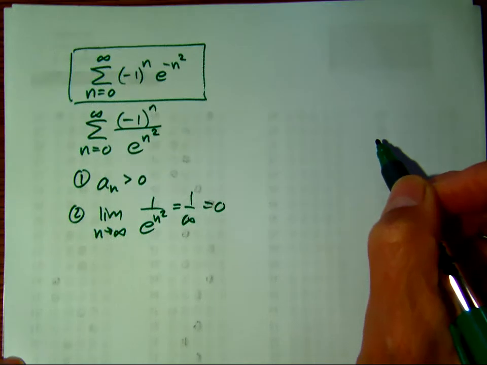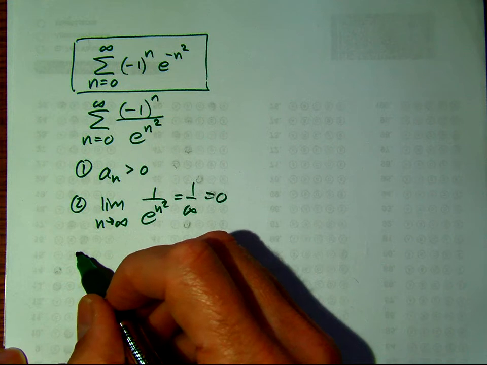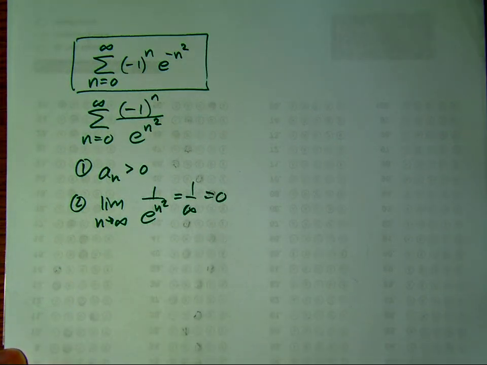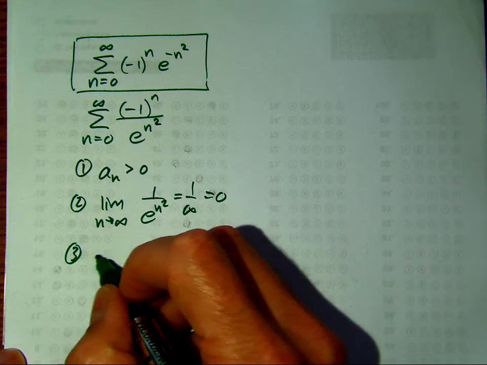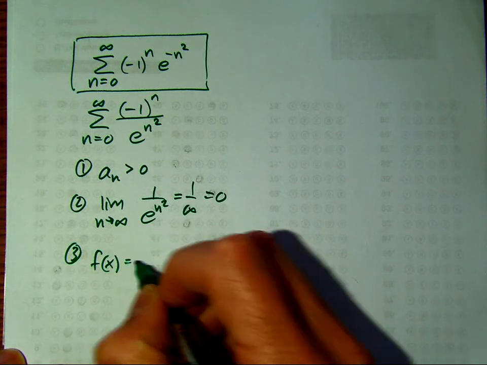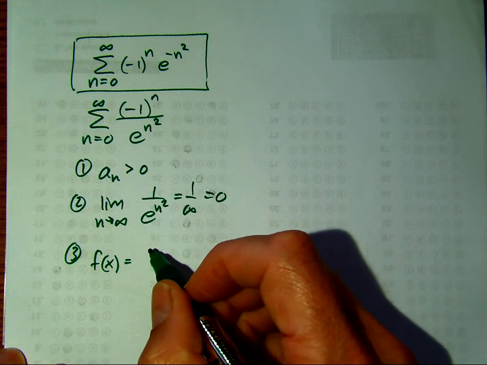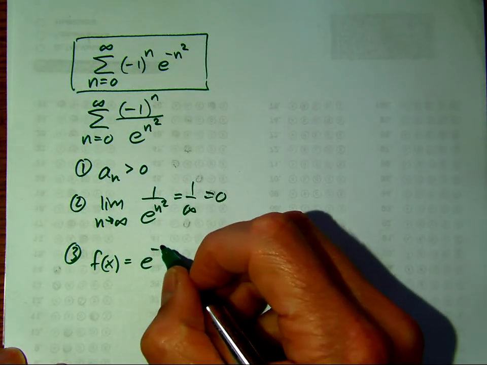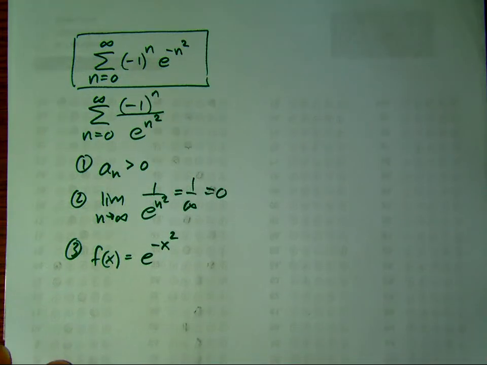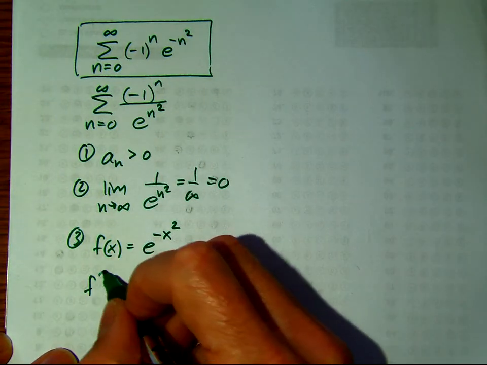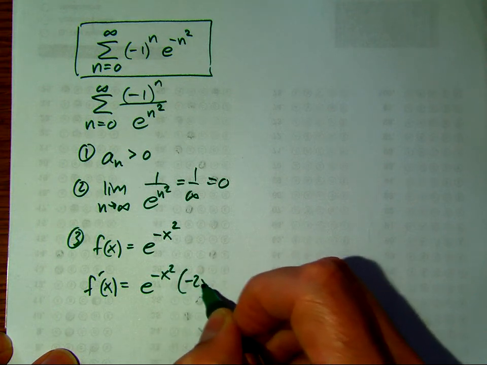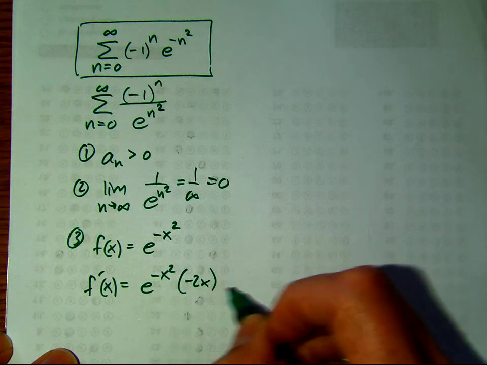And then we'll look at the derivative. We have f of x equals, and let's write it like this without the alternating, e to the negative x squared. The derivative is, we'll copy, chain rule, ln of e is 1, so we don't have to write the ln of e.